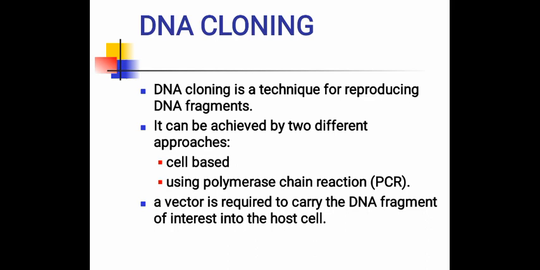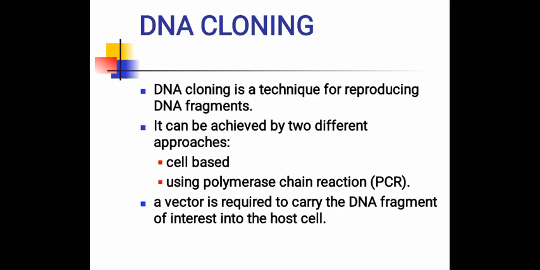Like twins, the same type of DNA molecule is synthesized, that is called DNA cloning. It can be done by two methods, that is cell based or using polymerase chain reaction.